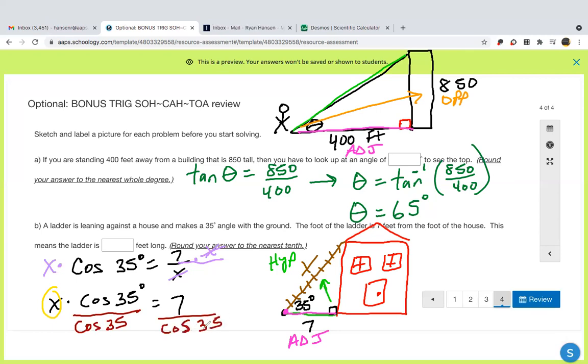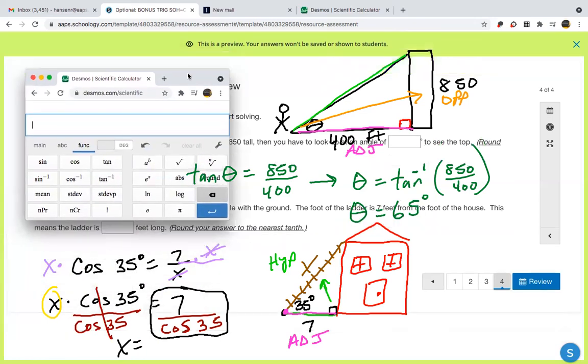Then, folks, cosine 35 divided by itself cancels to one whole. That leaves you with your X. Bring that down: X equals this beautiful expression, 7 divided by cos 35. So if I bring over my calculator and I press exactly that, 7 divided by cos 35, we get 8.54.